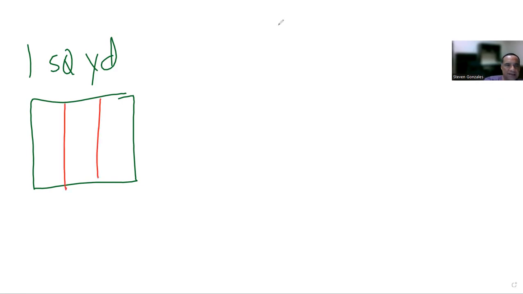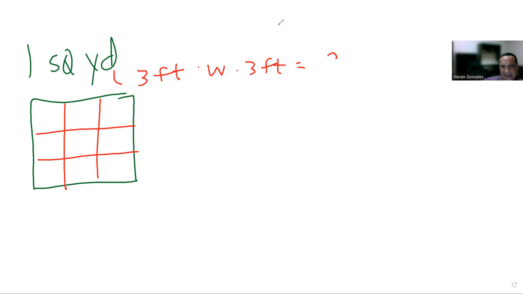But in regards to square feet, I have 3 feet in length and 3 feet in width. So that means I really have to multiply by 9, and that's 9 feet squared. People have a very hard time understanding that.